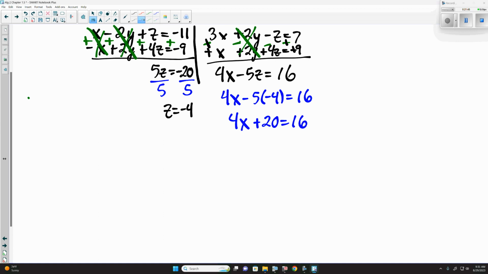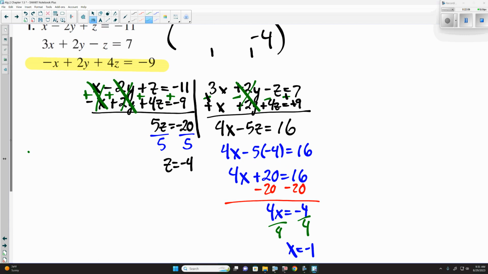Our next step would be to subtract 20, telling us 4x is equal to negative 4. Divide by 4, x is equal to negative 1. Okay.